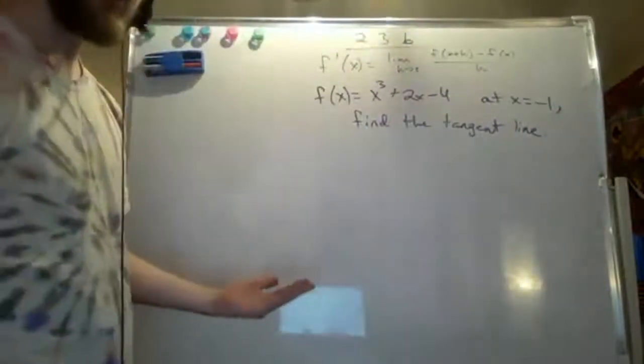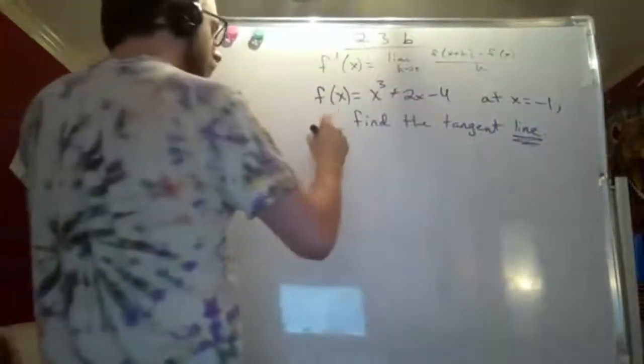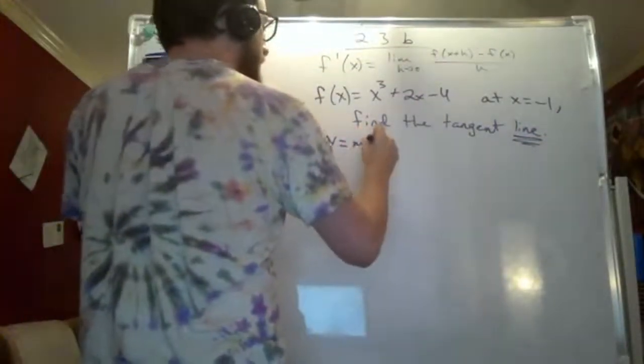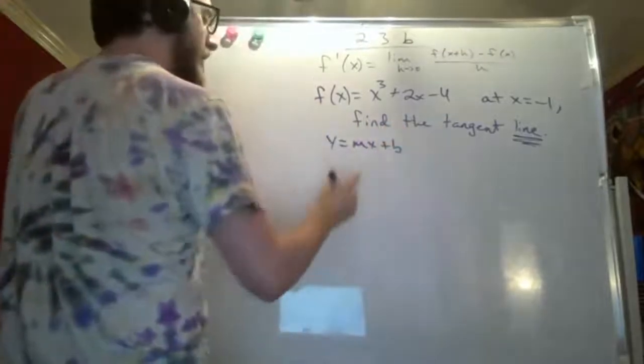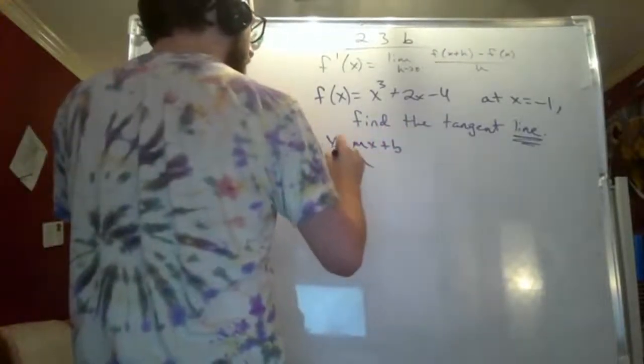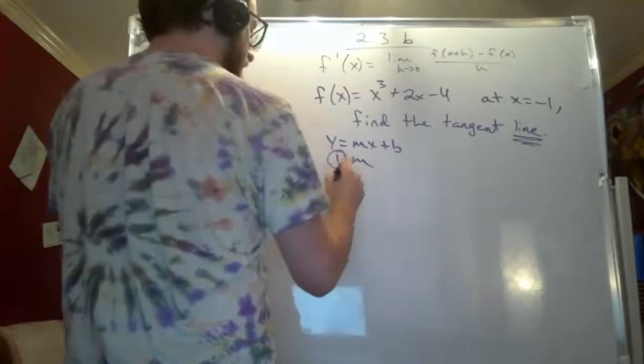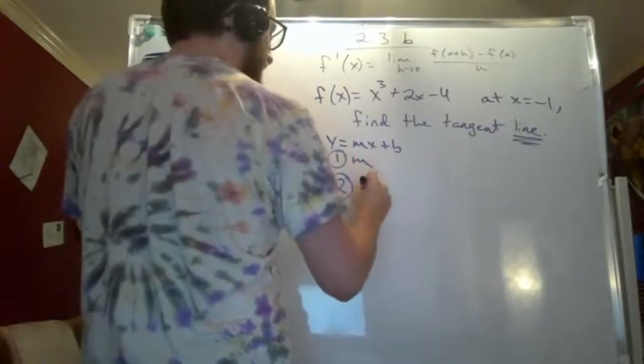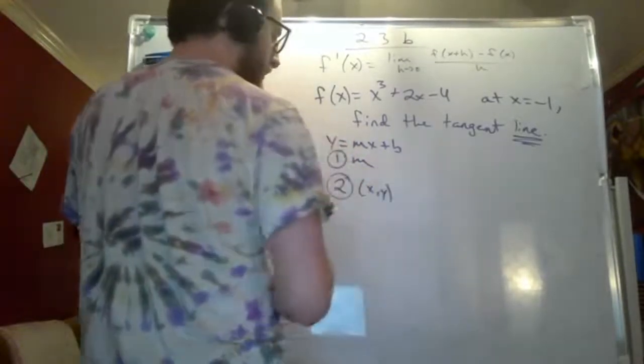So what is the tangent line? Well, remember, let's just break it down first. Line, in order to find a line, we're talking about y equals mx plus b. So what do we need for that? Well, 1, we need a slope, and 2, we need an xy coordinate.